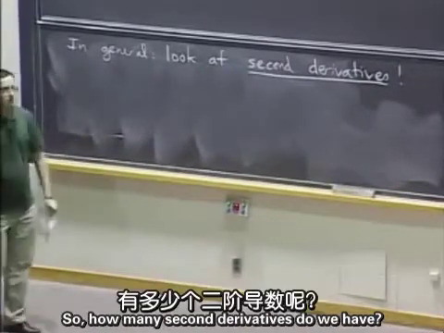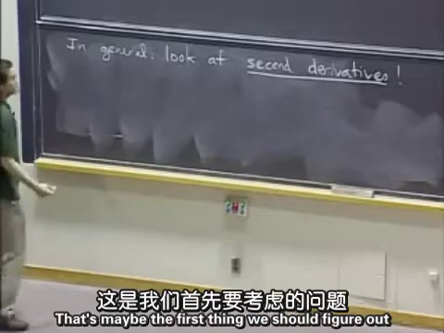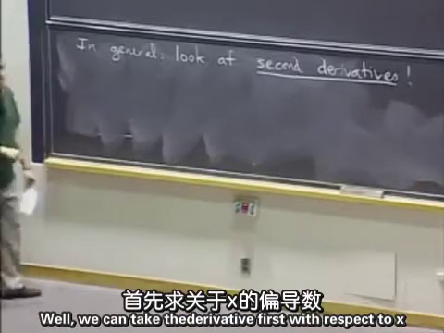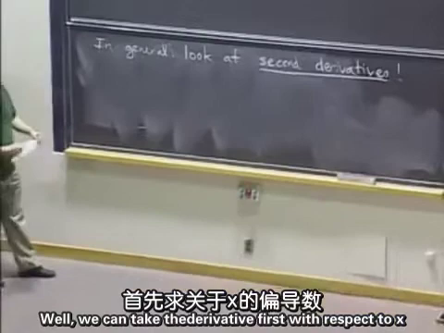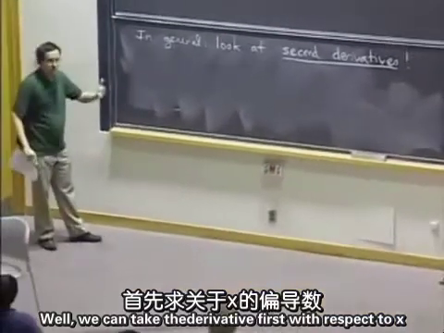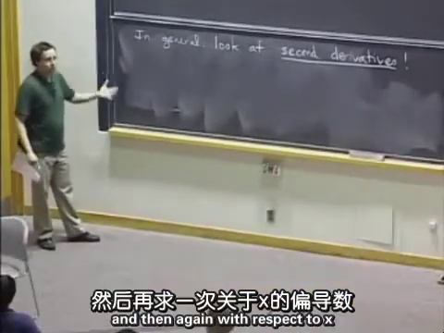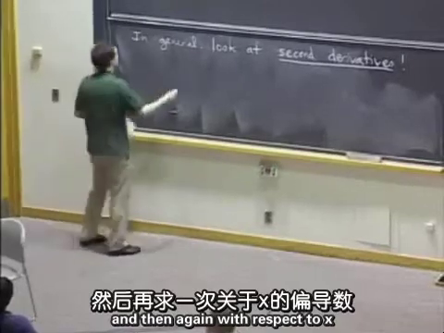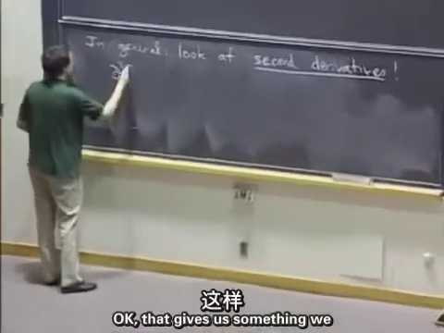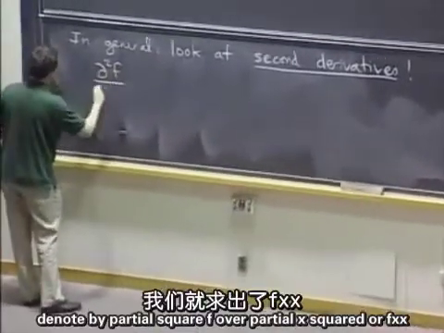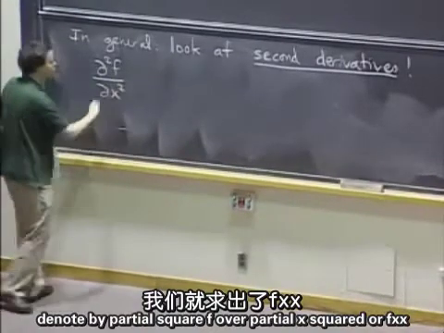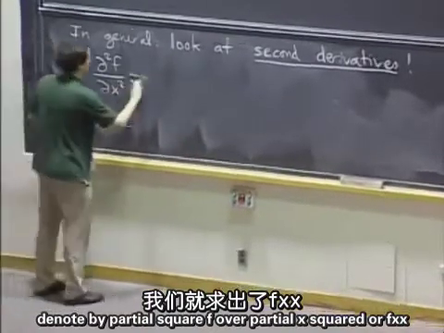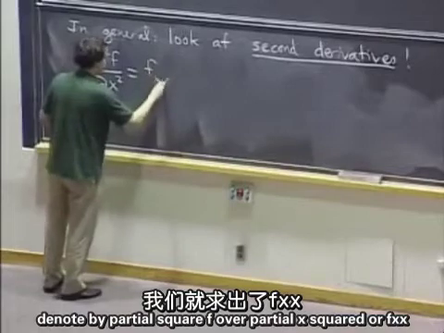So how many second derivatives do we have? That's maybe the first thing we should figure out. Well, we can take the derivative first with respect to x, and then again with respect to x. That gives us something we denote by partial square f over partial x squared, or f sub xx.